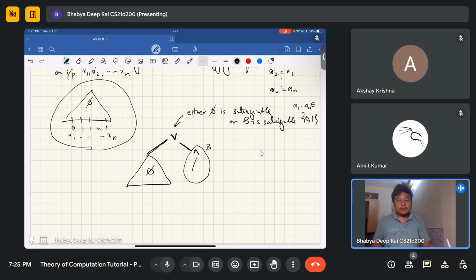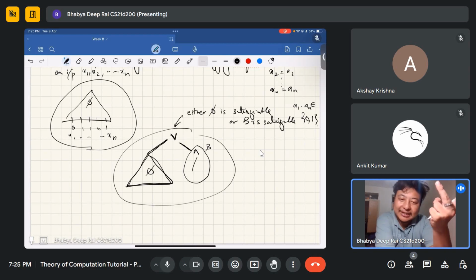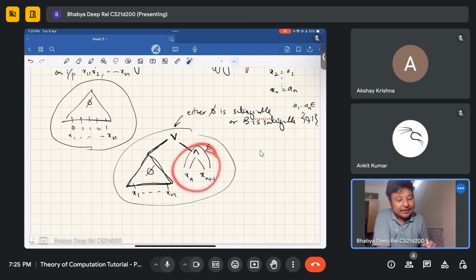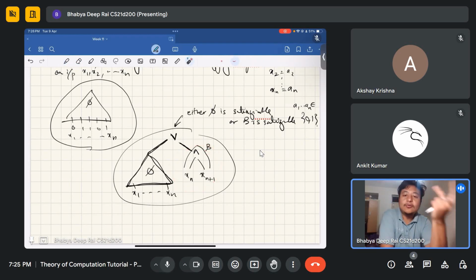Now if phi is guaranteed to be satisfiable and I want this entire circuit to give me two satisfying assignments, I'll define two new variables, xn and xn plus 1, such that this part is satisfiable in exactly two ways.